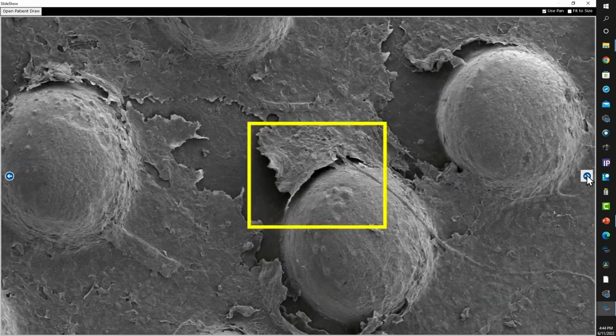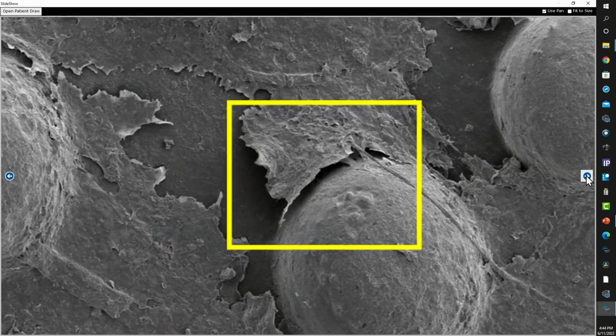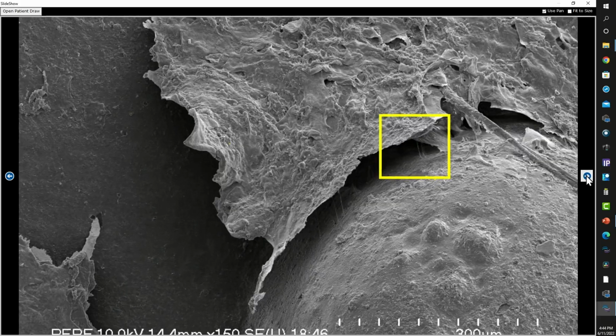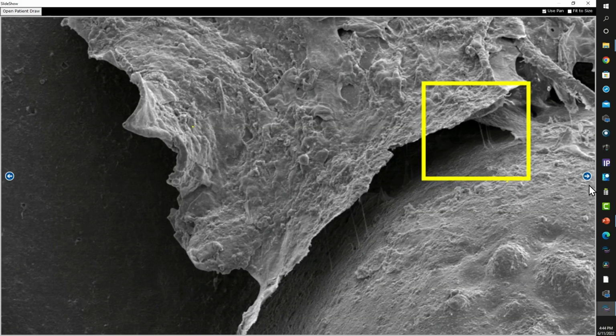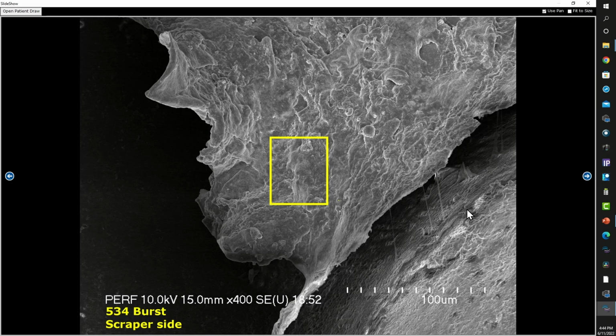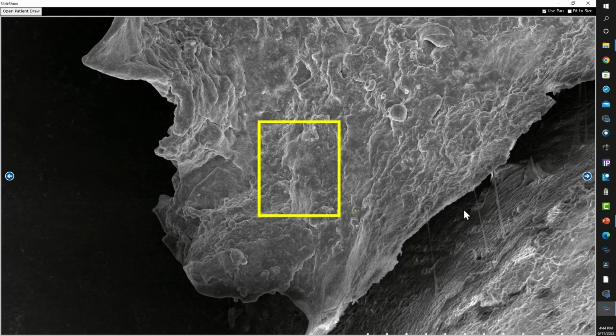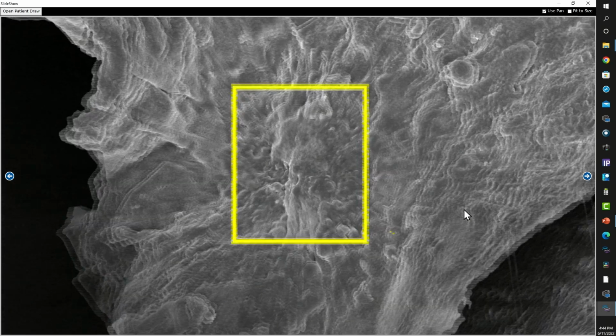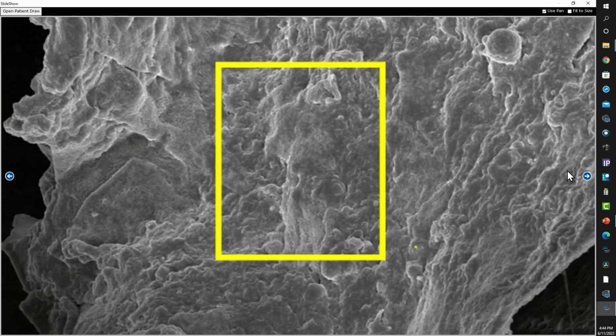Sometimes you can actually see planktonic bacteria that are growing individually. Not very often. Most of these grow as communities, but if you go into some of these areas, like this one right here, there you can see all the EPS.